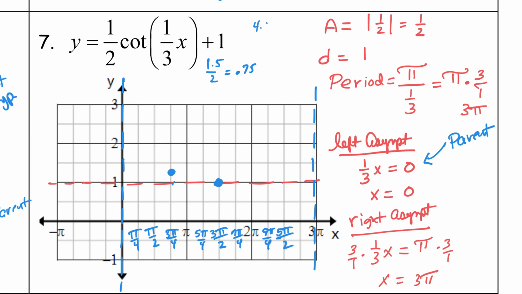So I get 4.5 divided by 2, because I want the middle, you get 2.25, which is actually 9 pi over 4, which is 9 divided by 4. I think that's 2.25, yeah. 9 pi over 4, so it's going to be right here. So in other words, I'm just getting the middle and then breaking it down to the middle. And so here is cotangent.